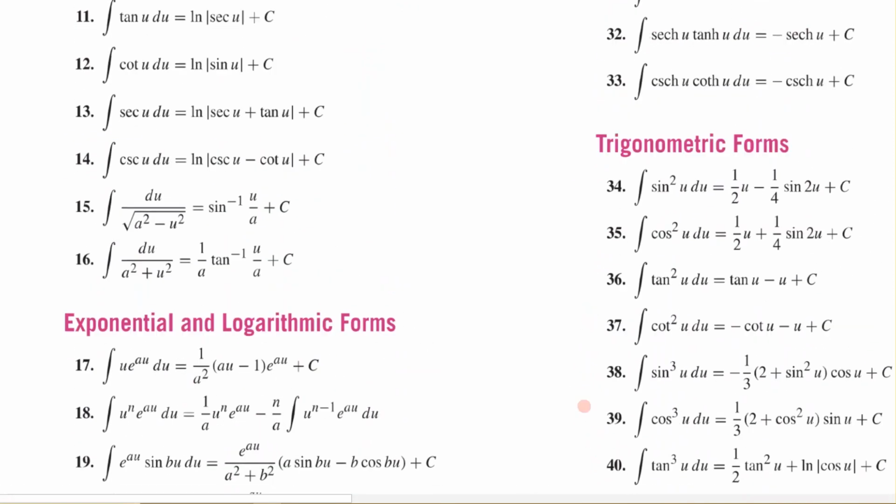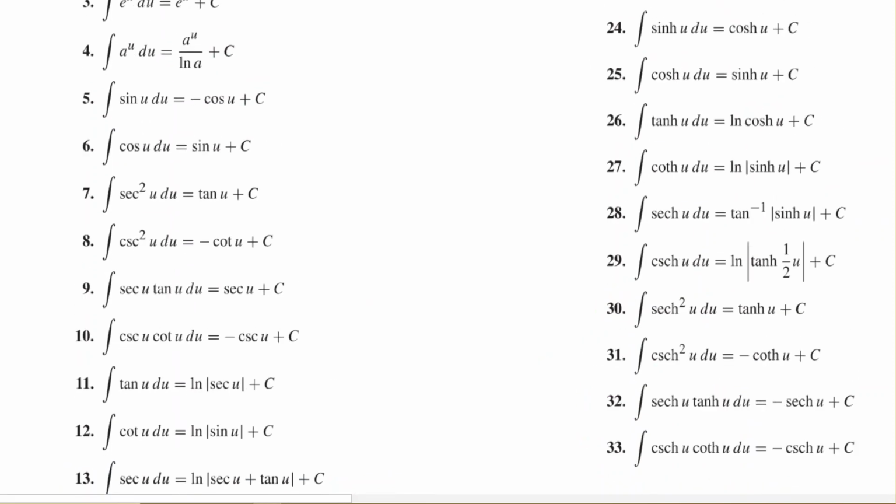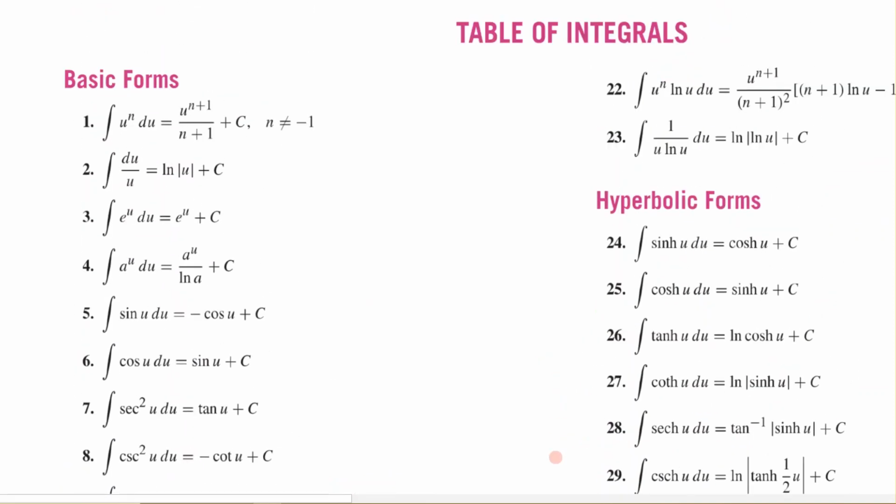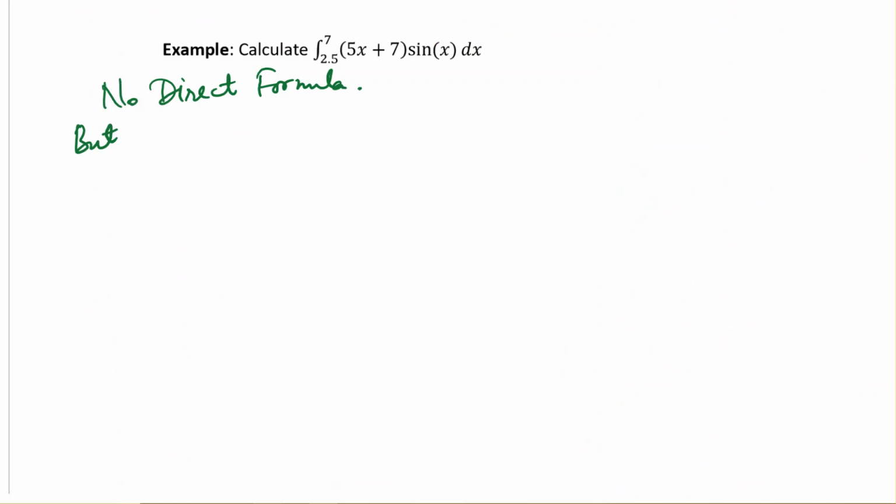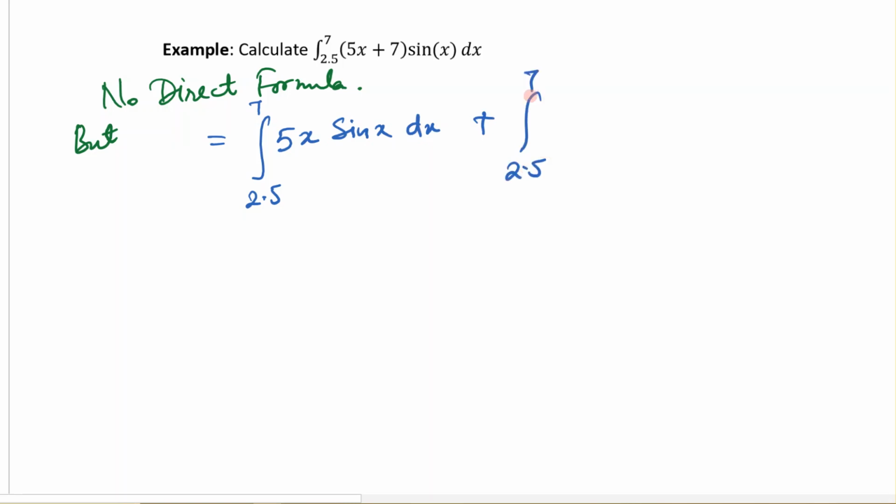So maybe I need to do some algebraic manipulation before I can actually look for the formulas. So we have no direct formula, but I can rewrite this as a sum of two integrals. So integral of 5x sine x dx plus integral from 2.5 to 7 of 7 sine x dx.